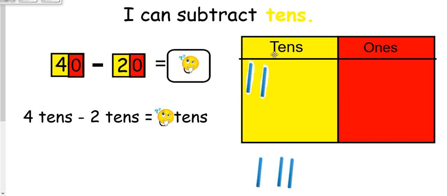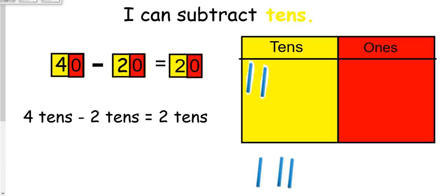When I had 4 tens and I subtracted 2 tens, 4 minus 2 equals 2. So 4 tens minus 2 tens equals 2 tens. That's the part of my 40 that I have left. So 40 minus 20 equals, let's count them, 10, 20.